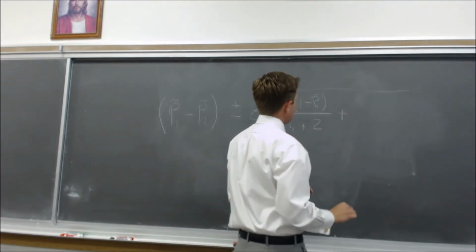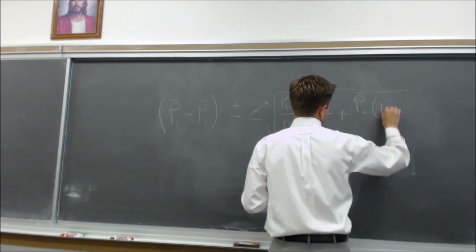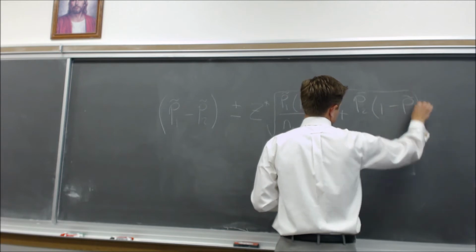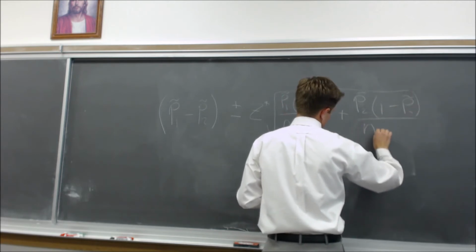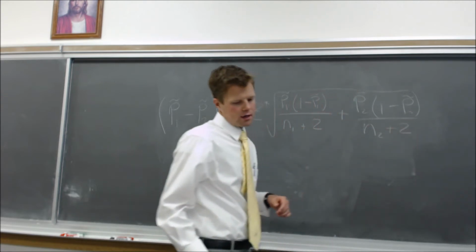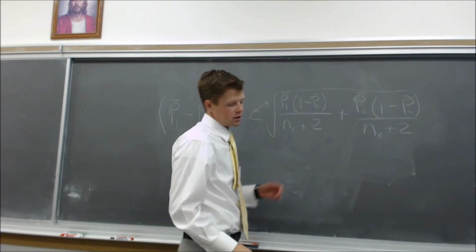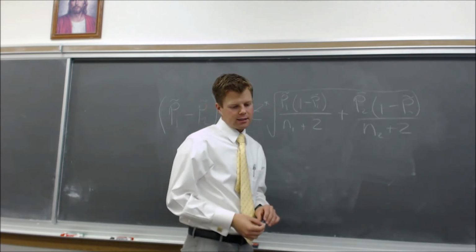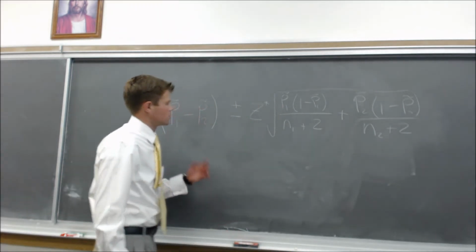And then the same thing for the second: p tilde of the second times 1 minus p tilde, divided by n, the sample size of your second group, plus 2 as well. And that gives you the confidence interval for comparing.